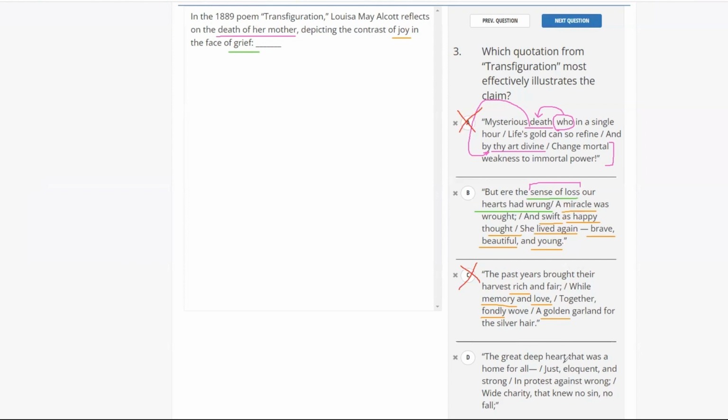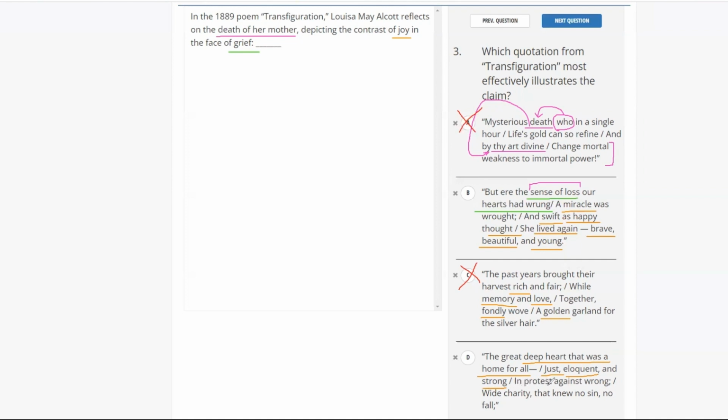Great deep heart that was a home for all. Well, that sounds really positive. A heart that's a home for all. That's a happy thought. Just, something that's just is something that's fair, equal. That's a good thing. Eloquent means well-spoken, positive word. Strong, also a positive word.